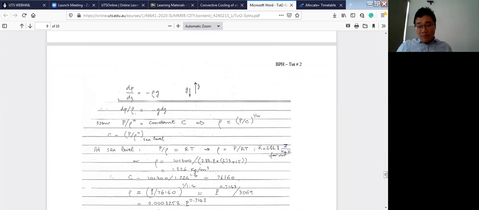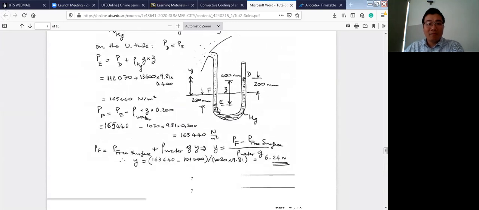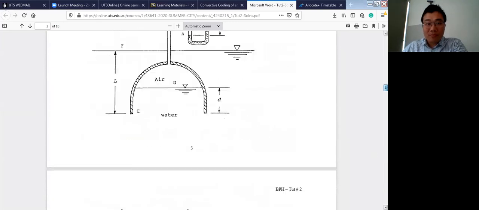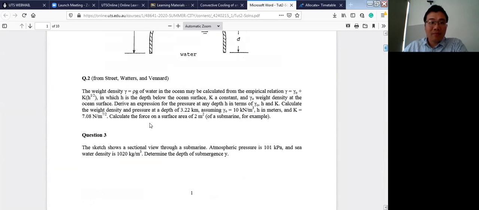Let me see one question. Rho is the density, and gamma is the weight density. Weight density equals density times gravity, rho g.